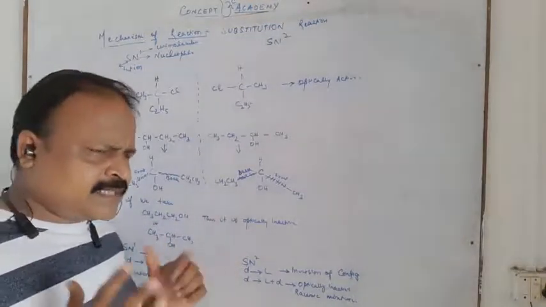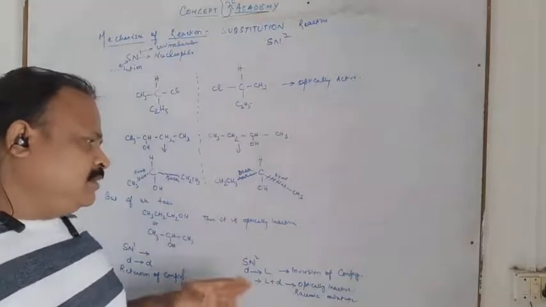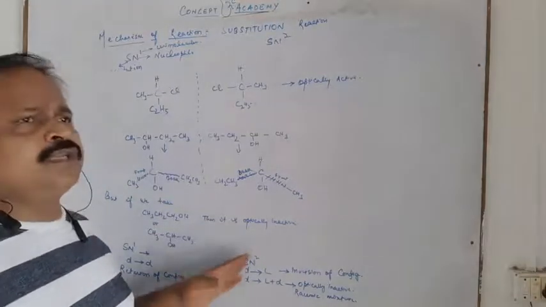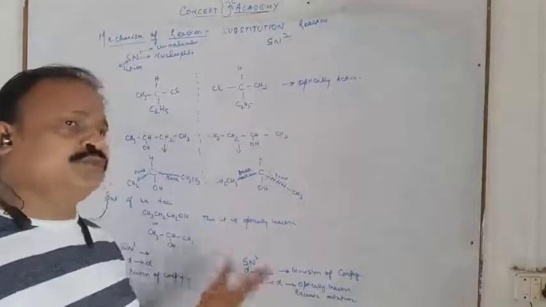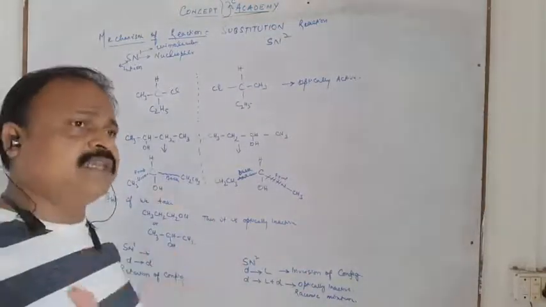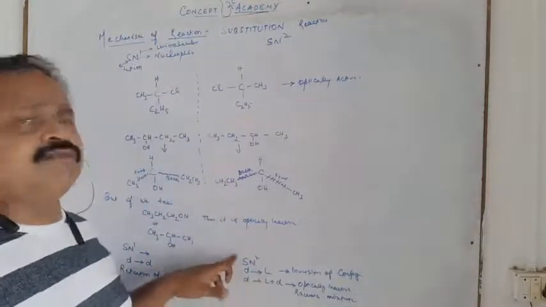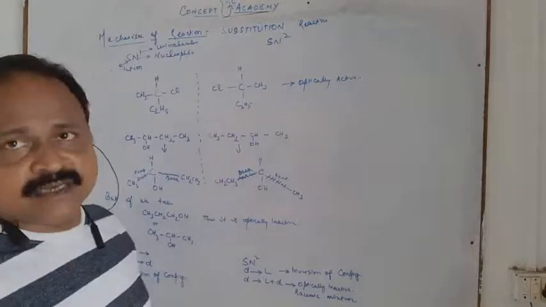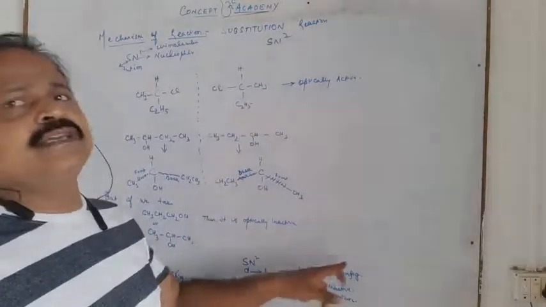In case of SN2 also, what happens actually? See, dextrorotatory goes to D to L and L to D. If the polarized light is towards left, then after SN2 mechanism, it is right. So in that case, there is inversion of configuration.